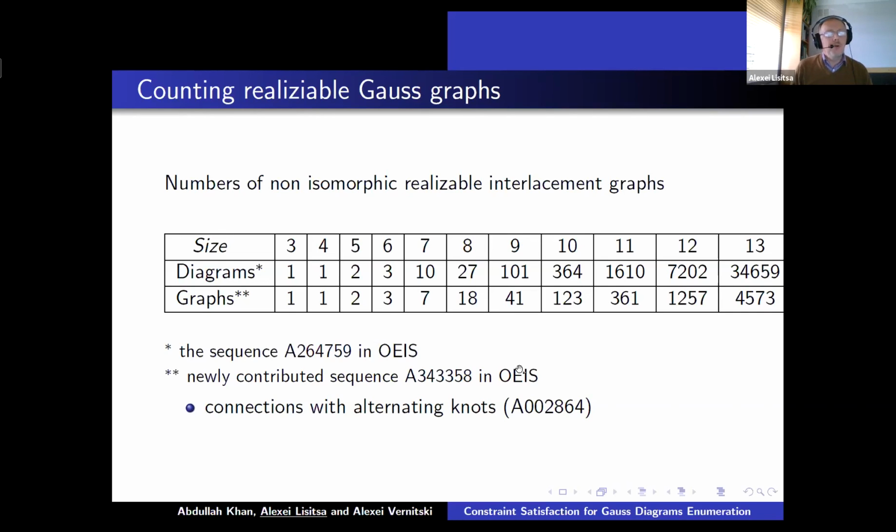We also established some connection with alternating knots. The numbers of these graphs turned out to be close, but not quite the same as the sequence for the numbers of so-called alternating knots in knot theory. But we clarified all the relationships, and the details can be found in the arXiv paper.